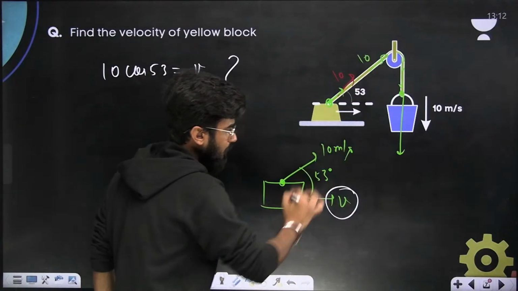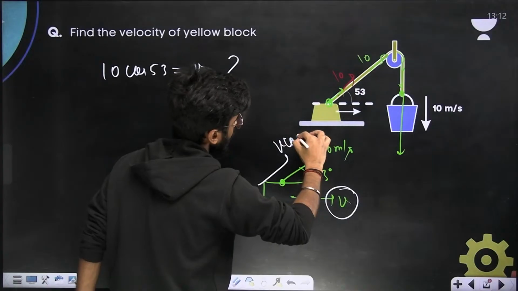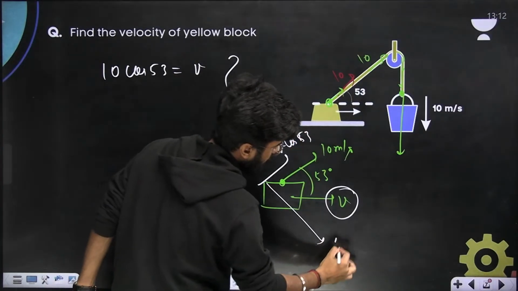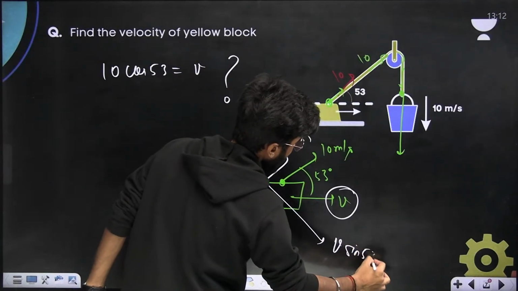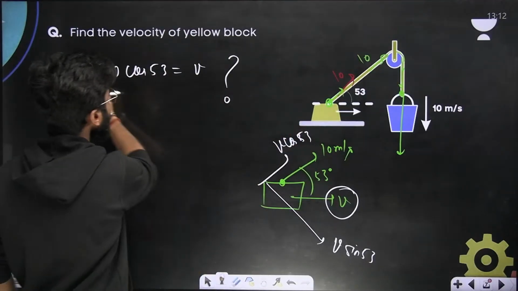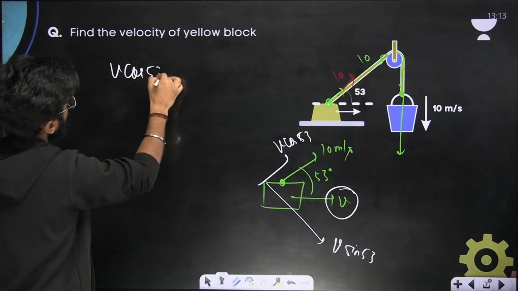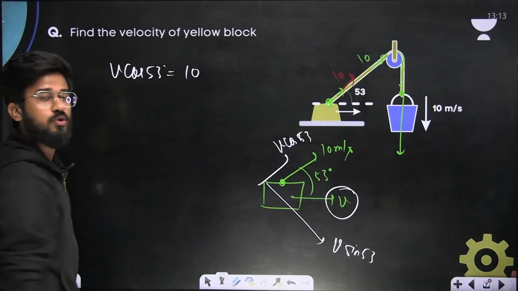So along this component it will be v cos 53, and perpendicular to this, v sin 53. So along this, v cos 53 is equal to 10. We cannot write it the other way. We'll have to write v cos 53 equals 10. So what is the value of cos 53?